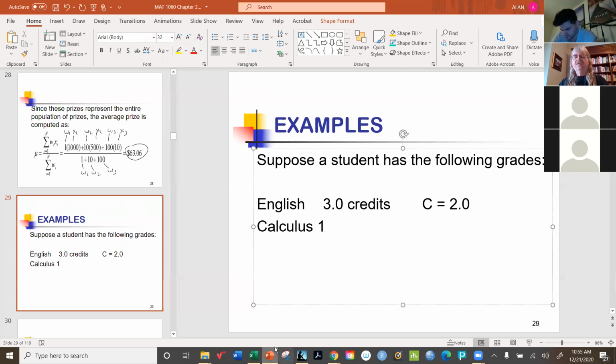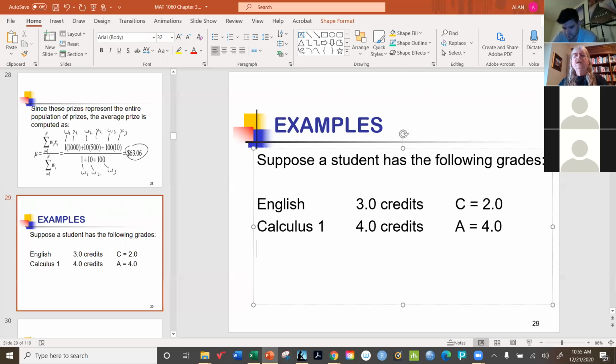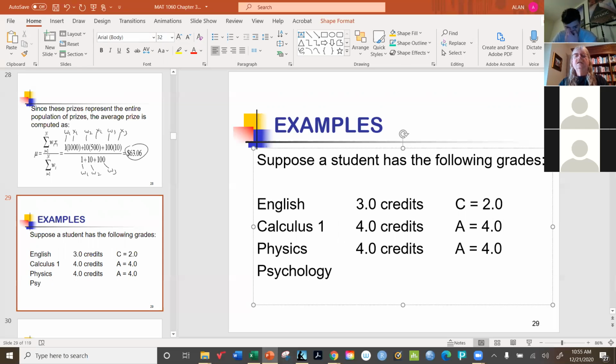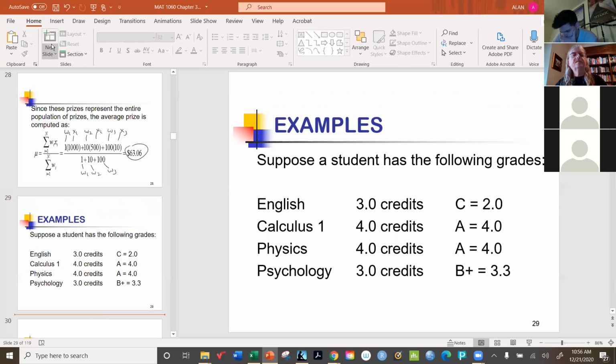And you got 4 credits because it's calculus. And you got an A, which is worth 4 points. And then you took physics and 4 credits again. You got an A. And then you took psychology, 3 credits, and you got a B plus, which is, let's say, 3.3. All right, what is your GPA?